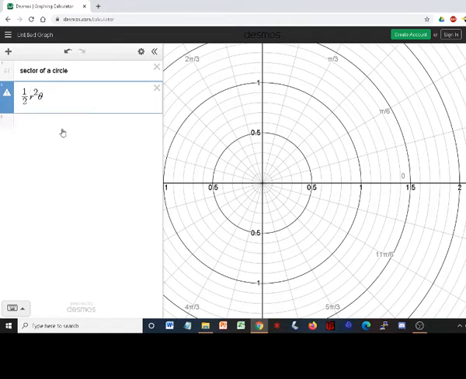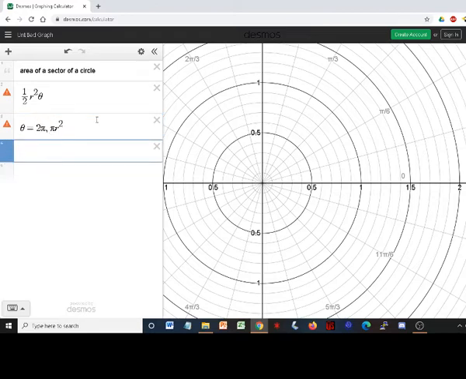If you think about a slice of pizza, that is what I mean by a sector of a circle. So this is really the area of a sector of a circle. If the area is pi r squared for the whole thing, so if theta is 2 pi, then you would get pi r squared, right? Which is what you're supposed to get for the area of a circle.